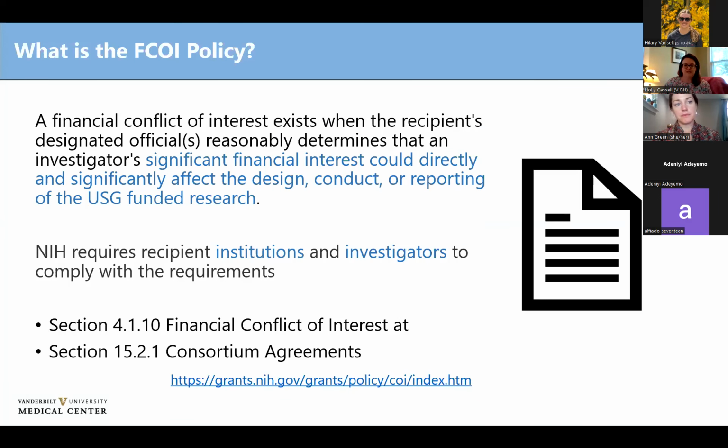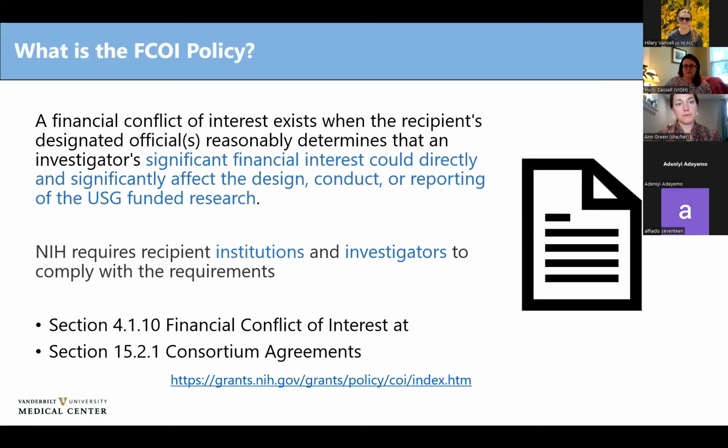The NIH is committed to preserving the public's trust that the research they support is conducted without bias and with the highest scientific and ethical standards. This regulation on promoting objectivity in research establishes the standards to provide a reasonable expectation that the design, conduct, and reporting of NIH research is free from bias resulting from investigators' financial conflict of interest.